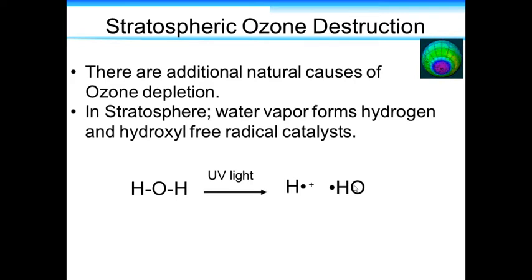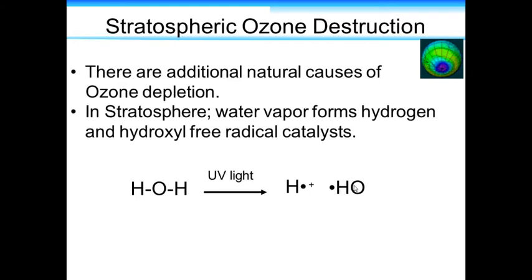Now, what is a catalyst? We talked about catalysts briefly. They lower the amount of energy necessary for a reaction to occur. So let's say you have a certain amount of energy in a system. With that energy in the system, say only 50% of the ozone molecules break down. Now, with the same amount of energy, if you add a catalyst, all of a sudden you have enough energy to break down 100% of those molecules.